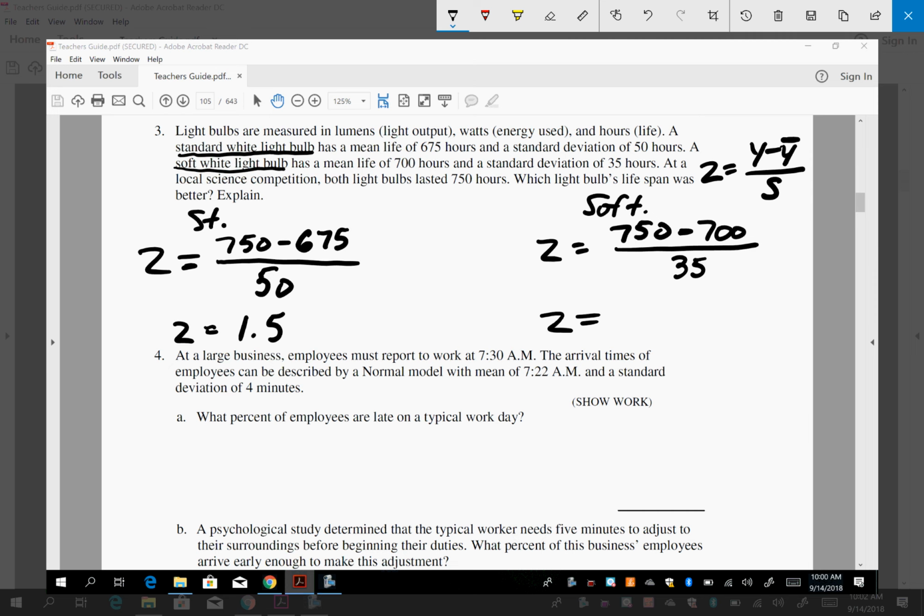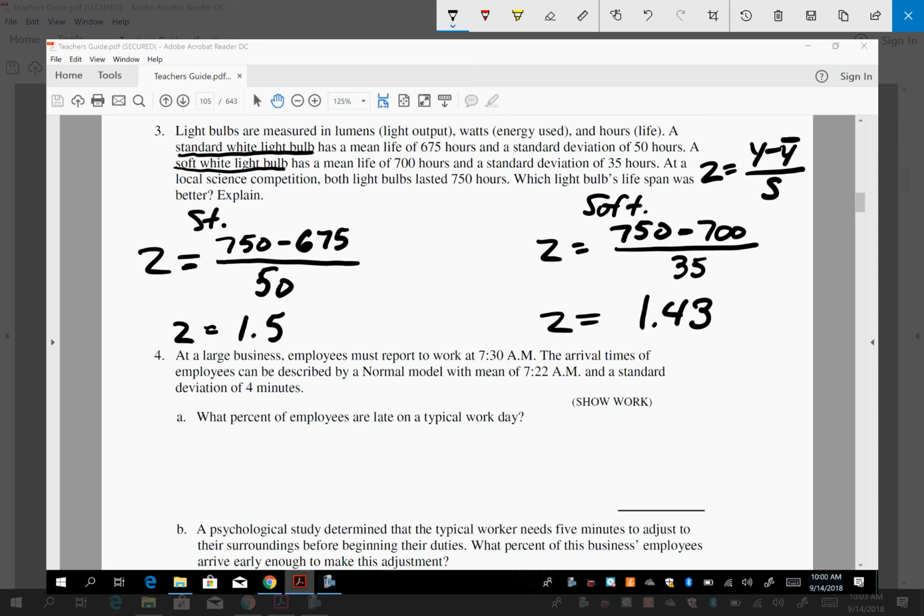And we have 50 over 35. Ooh, 1.4.43. So, which bulb was more impressive when it lasted 750 hours?